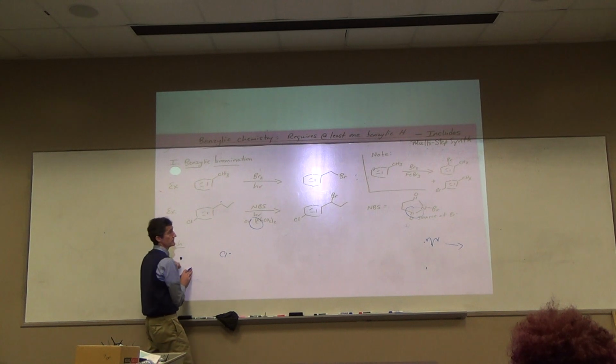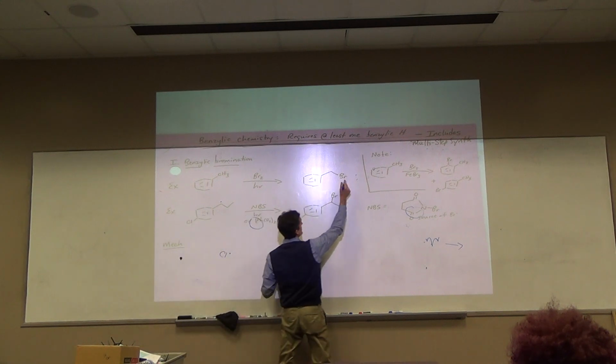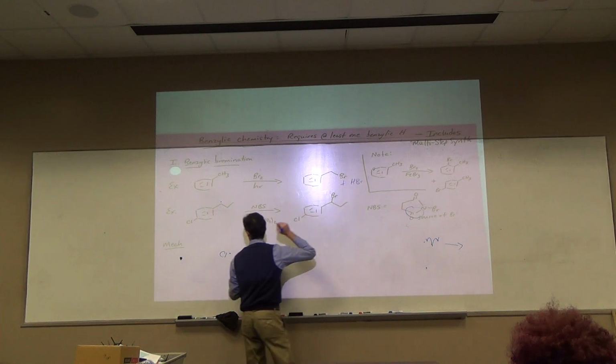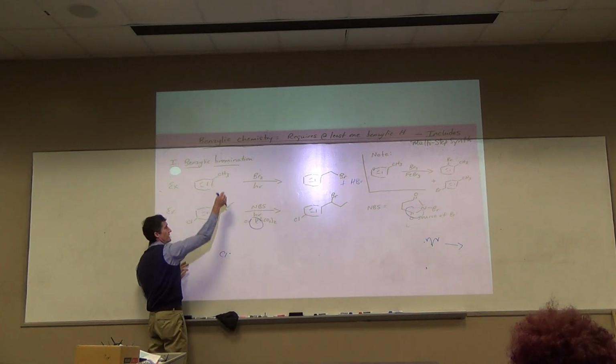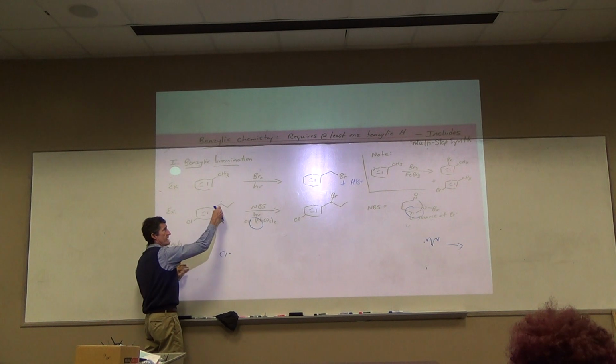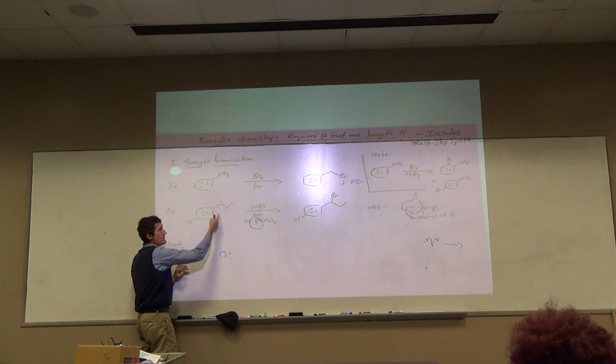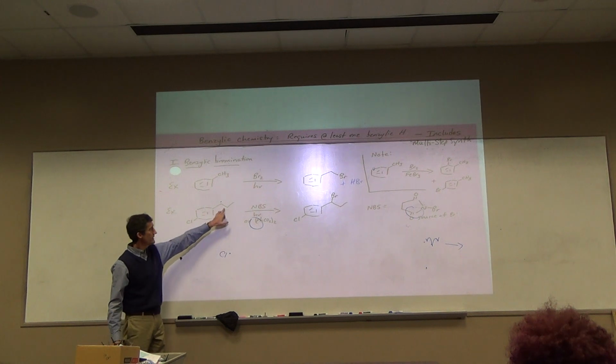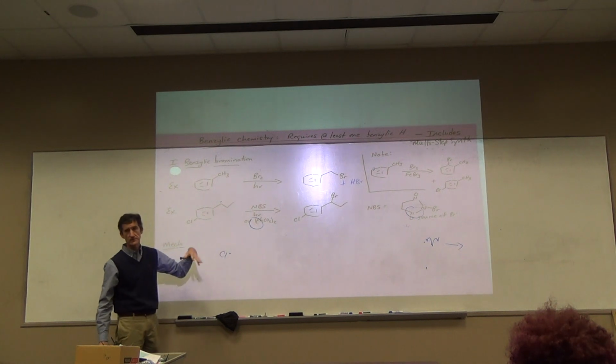H. Takes an H. Because up here we're going to make this plus what? HBr. The bromine radical strips out an H. The chlorine radical takes an H, leading to a radical here. But it's going to take just about any H. It can take any of these H's. It's not going to be as selective.